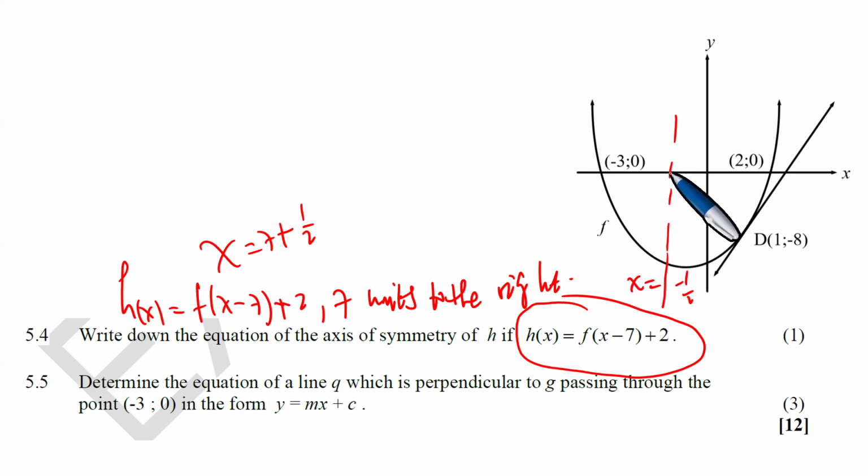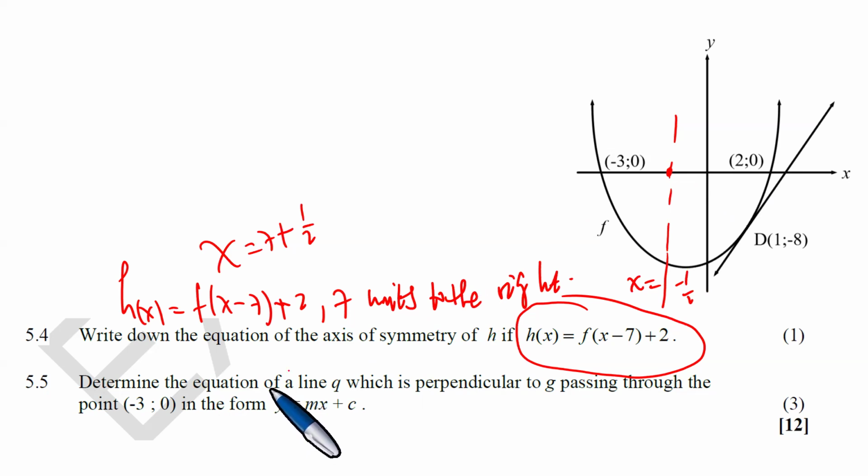Obviously this was at minus 1/2, and then now you're going to translate the graph 7 units. You need to write down the equation of the axis of symmetry of h.